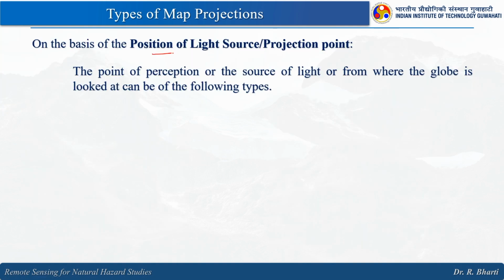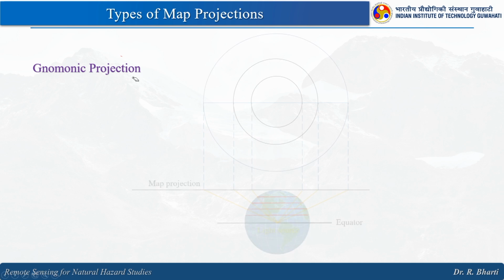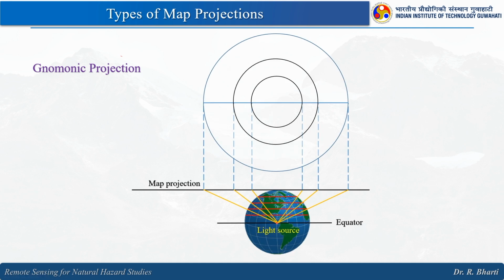On the basis of position of light source or projection point, the point of perception of the source of the light, or from where the globe is looked at, can be of the following types. First one is gnomonic projection. Here you can see the light source is coming from the center and then this is extended here, and you will have this kind of representation.